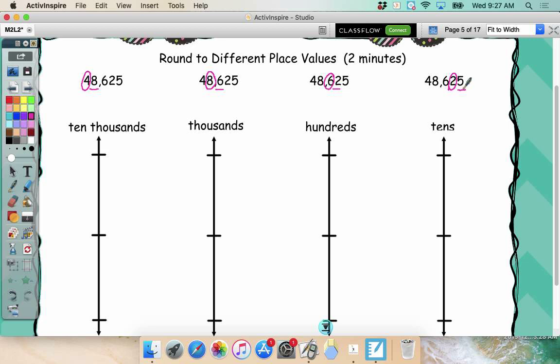What do I need to do? Okay, so the 4 becomes a 5. Digits to the right change to 0. Very good. So 48,625 rounded to the nearest 10,000 is what? 50,000.